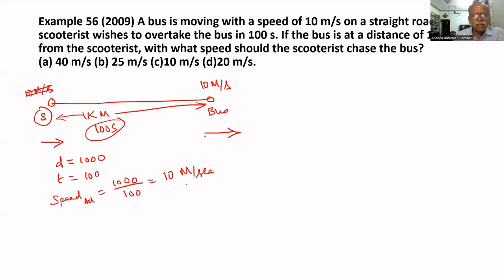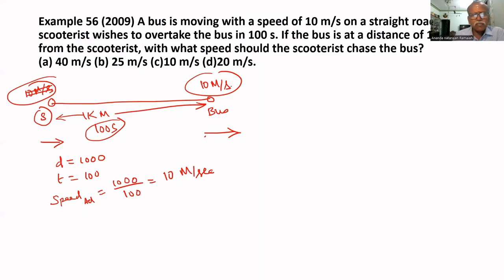This is additionally required. If both are at same speed, this difference between the two will be maintained forever. So additional speed is required in the scooter above the bus speed.